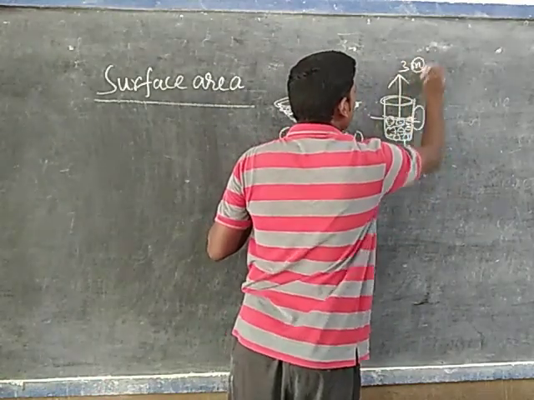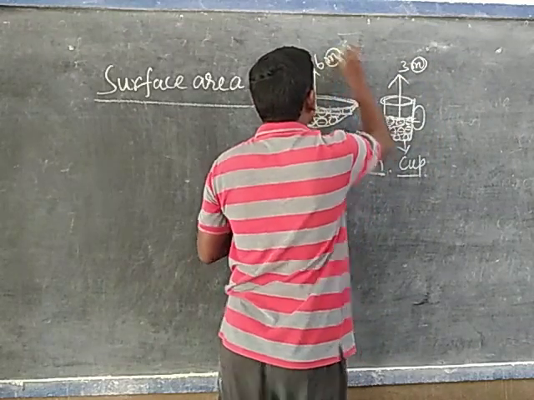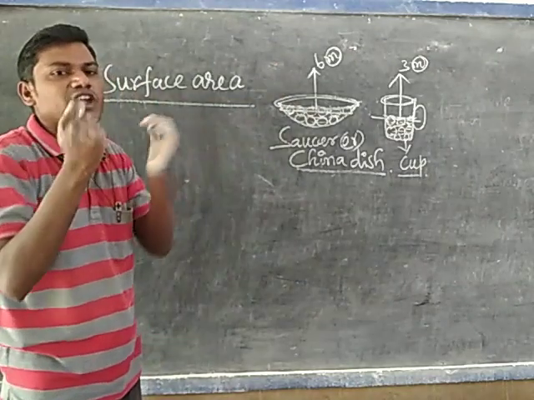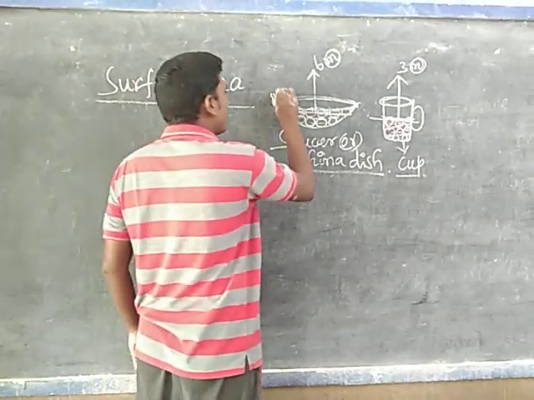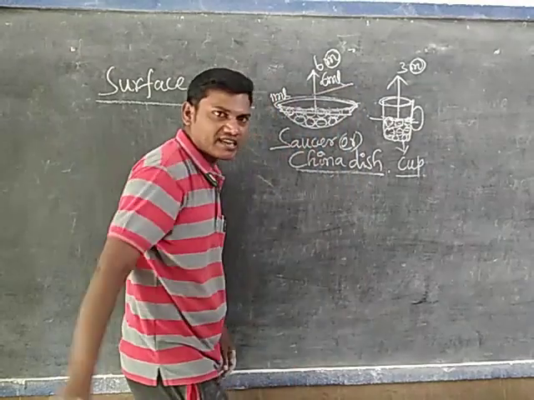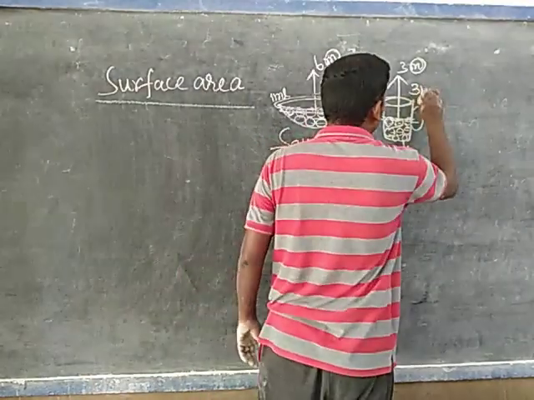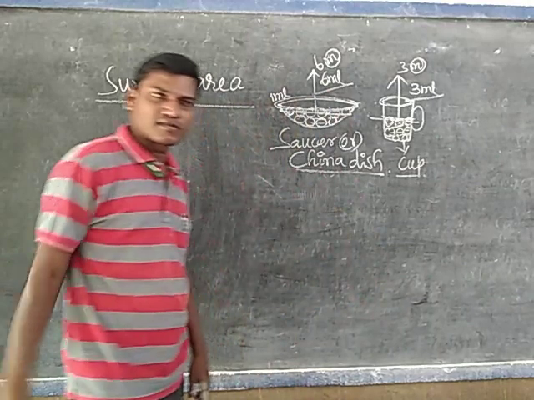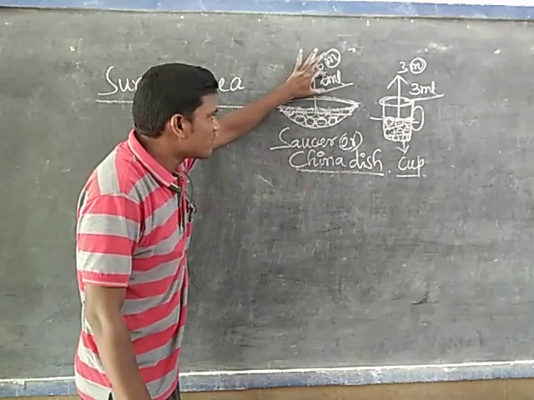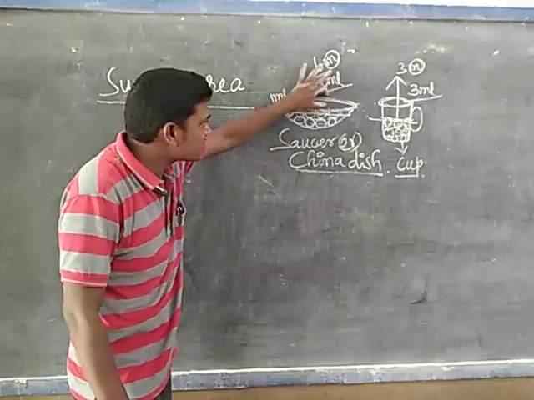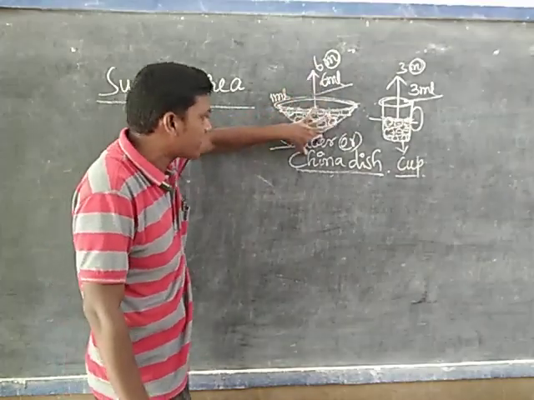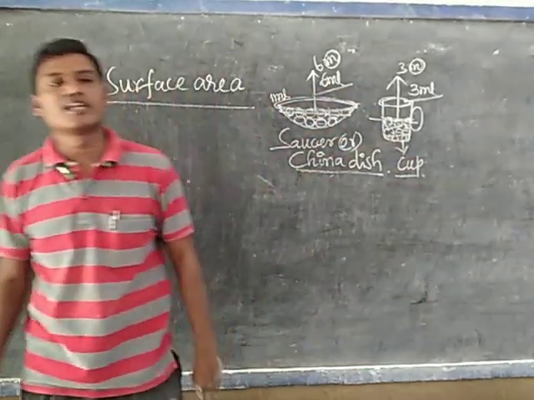Here 6 molecules are evaporated. For our understanding, we consider each molecule as 1 ml. So how much ml is evaporated in 1 second? 6 ml here, and only 3 ml there. Are you understanding or not? 6 ml is more than 3 ml, right? That is why more liquid is evaporated in the saucer or china dish, but less in the cup. That is the main reason.